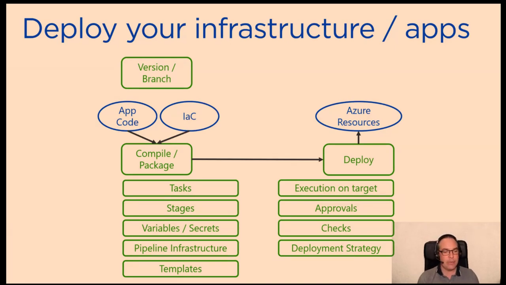So the whole canary deployment is controlled by Azure DevOps, and your pipeline is running multiple jobs to basically add more and more nodes or add more and more traffic towards your new versions, and manages your Kubernetes cluster. This is based on the strategy running in Azure DevOps, so you don't have to deal with low-level things on your own.